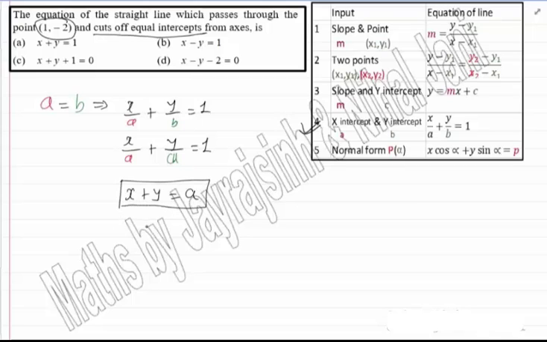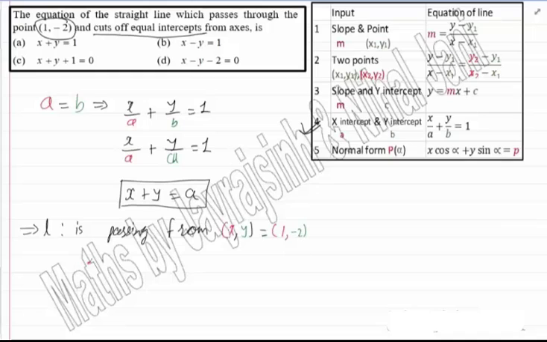But still we should find out a, and for that we are going to use the point. We know that our line is passing through 1, minus 2, so x and y is equal to 1 and minus 2. Let's put this coordinate. It must satisfy our equation.